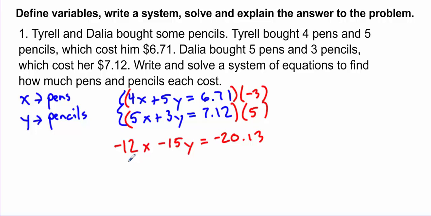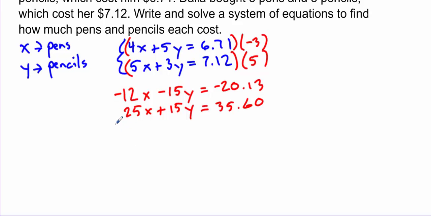For the second equation, we'll have 25x plus 15y. And if you didn't catch it already, right here is the reason why I multiplied by 3 and 5. Those were my numbers of choice, and this will give us $35.60, or you can just write 35.6. That's fine.